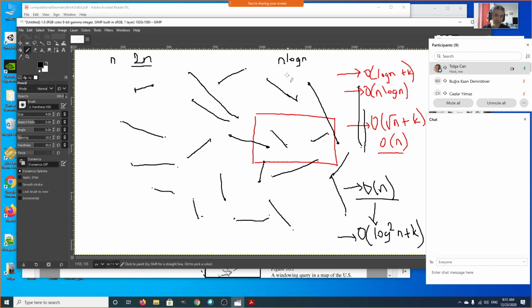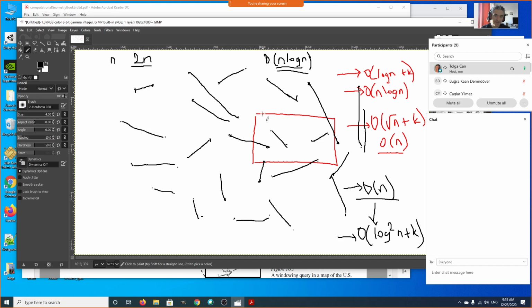After we have the index structure, in order to construct which we may spend more than linear time, it means that if you're going to make this windowing query only once, it doesn't make sense to use the techniques that we learned in chapter 10. If you just have one single query, just do linear search on them. That's the best, all right?